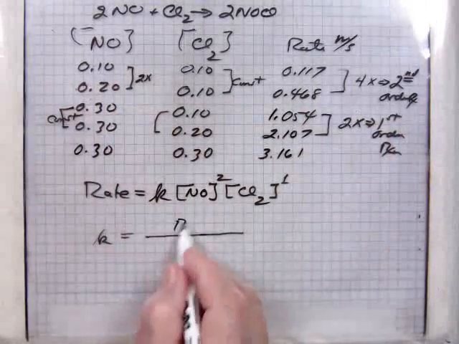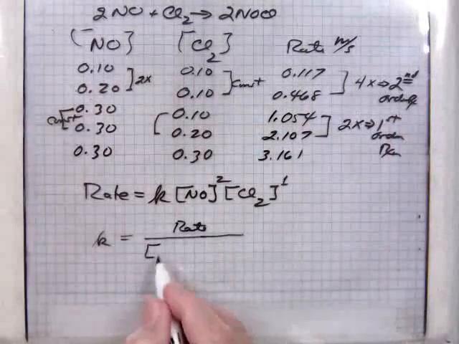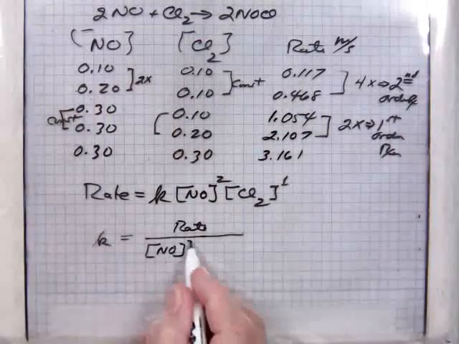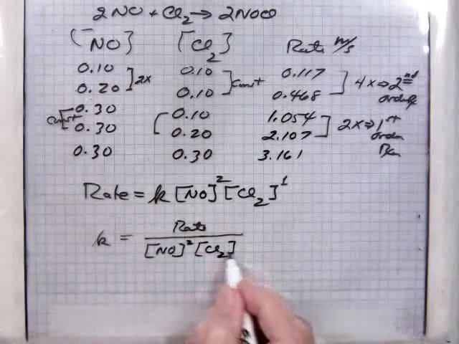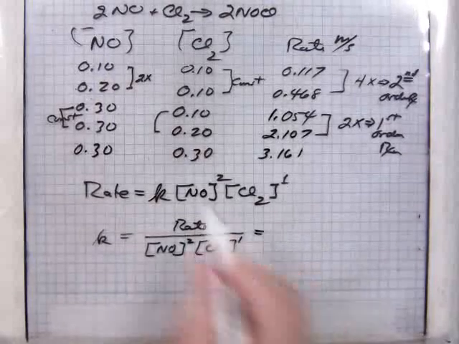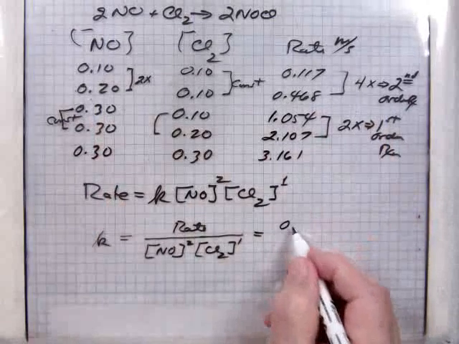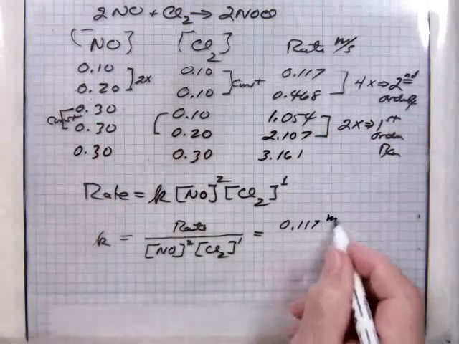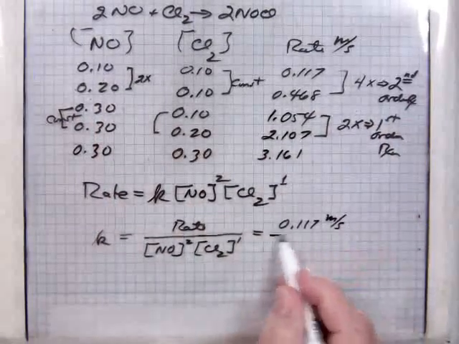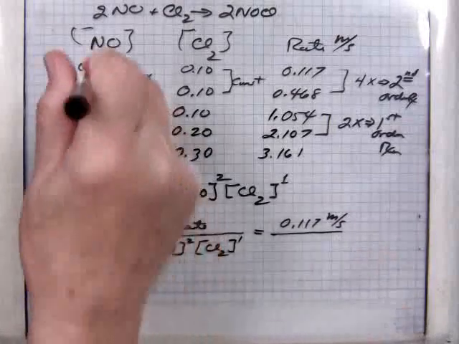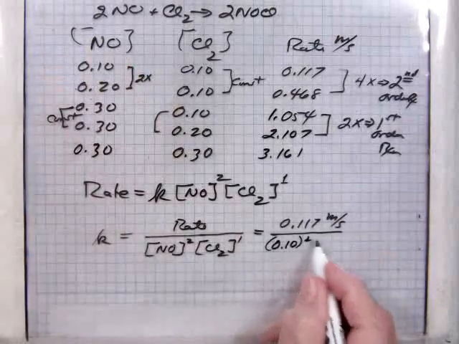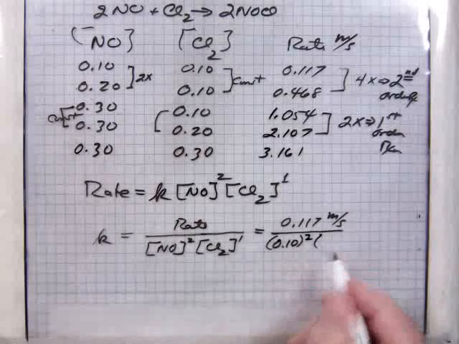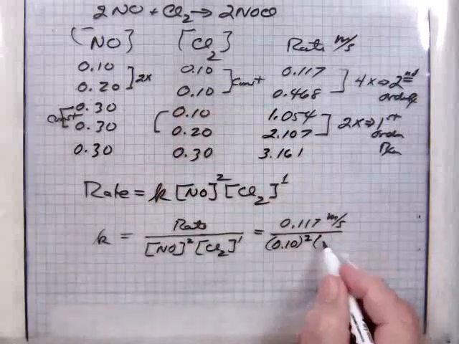This is rate over NO squared and Cl2 to the first power. In row 1, we have 0.117 molar per second divided by 0.1 squared for NO, and Cl2 is to the first power.